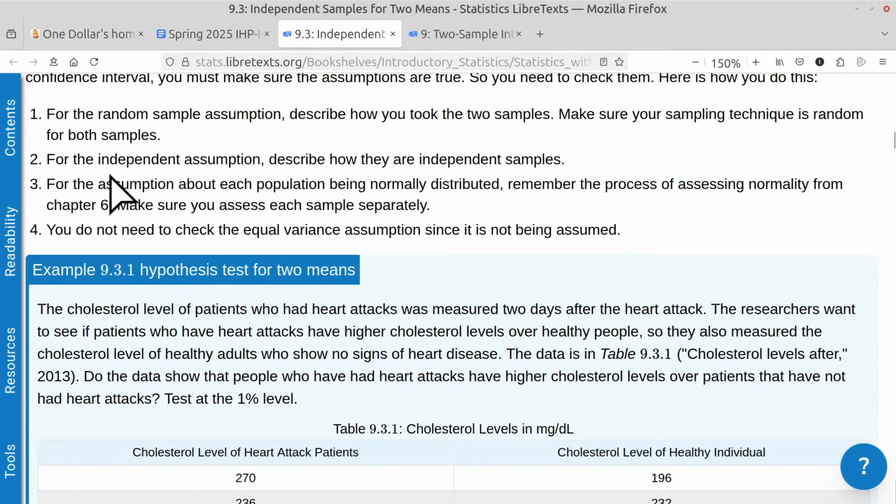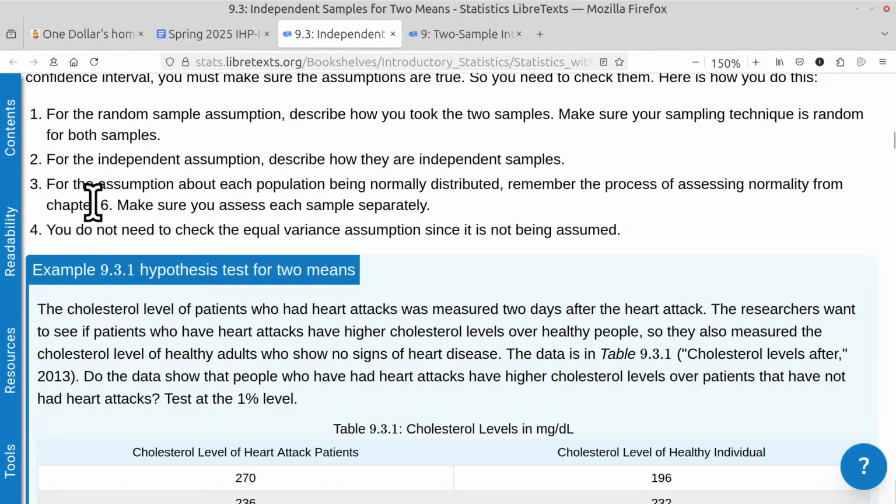First, for the random samples assumption, describe how you took those two samples. Make sure your sampling technique is random for both samples, with no bias. Second, for the independence assumption, describe how they are independent samples.